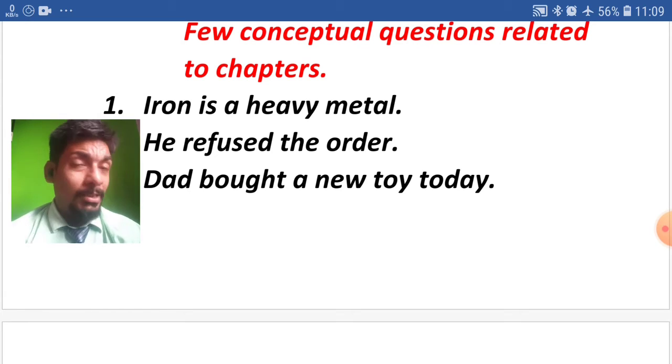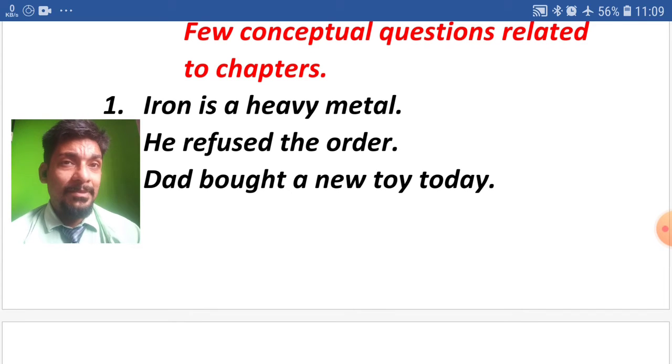Now, coming to the third question, where I have written, Dad bought a new toy today. Here, Dad is the subject. Bought is the verb, belonging to the category of main verb.